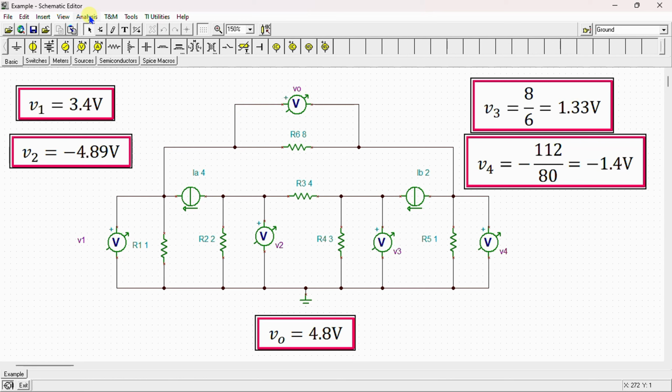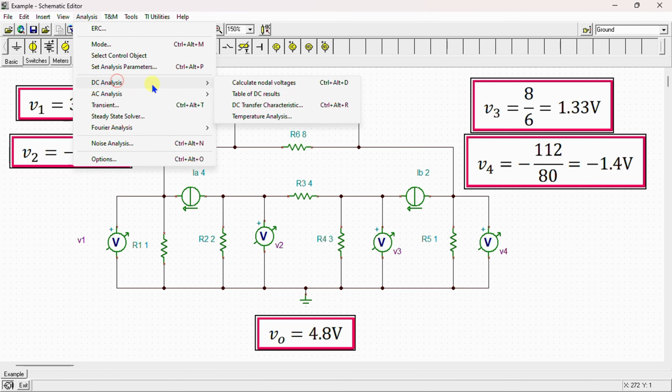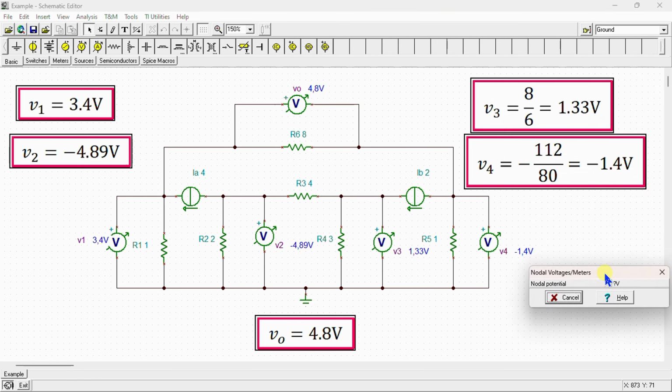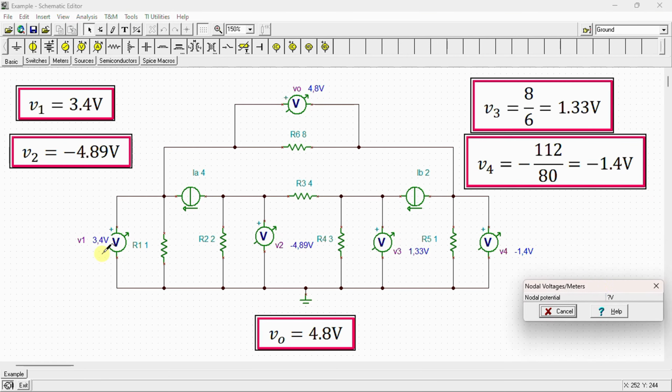Let's move on now to the analysis. This is the analysis to calculate nodal voltages. We can see here V1 is equal to 3.4 volt, V2 is equal to negative 4.89 volt, V3 is equal to 1.33 volt, V4 is equal to negative 1.4 volt, and VO is equal to 4.8 volt.